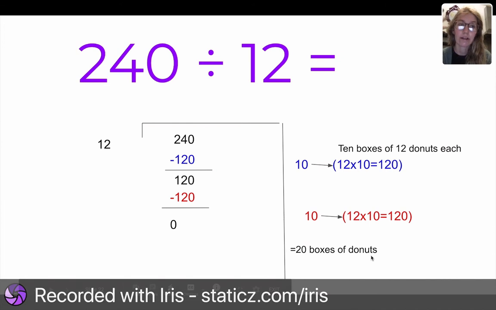So again, what you're thinking of is that the number out here is how many boxes you're buying of 12. So this is 10 boxes of 12. And in here is the total number of donuts that gets you. And I had to buy 20 boxes to get a total of 240 donuts.